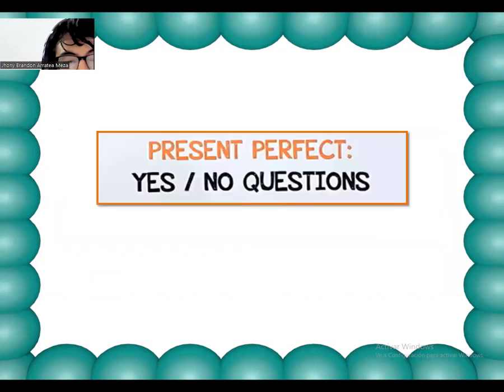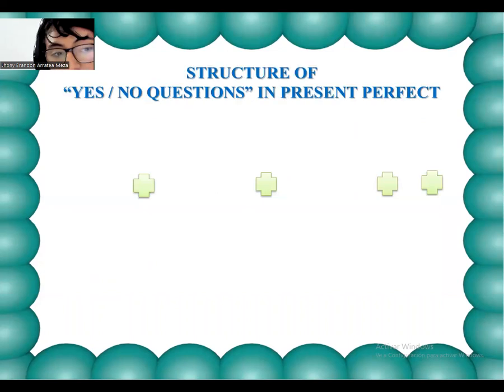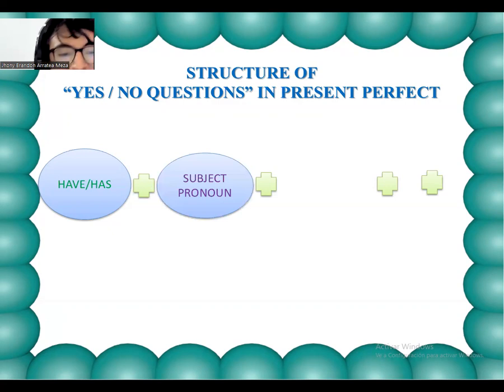First, we're going to see the present perfect, in this case, the yes/no questions. Well, here we have the structure of yes/no questions in present perfect. First, we have the auxiliary verbs, in this case, have or has, but it depends on the subject pronoun.